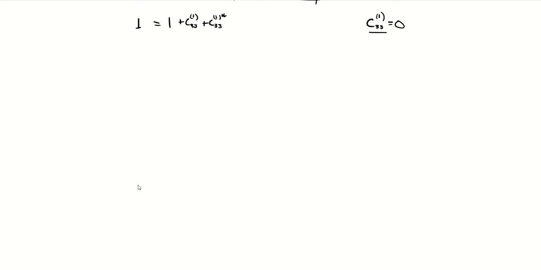So our n equals 3 state can just be written as the sum over m equals 0 to n of C3m times m, as a linear expansion of our unperturbed states.